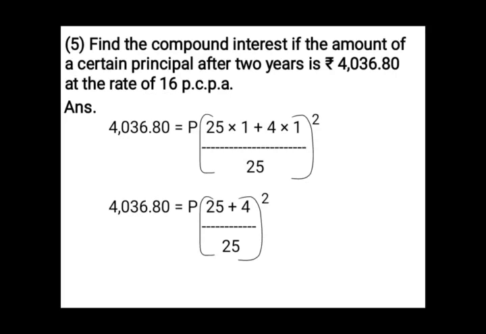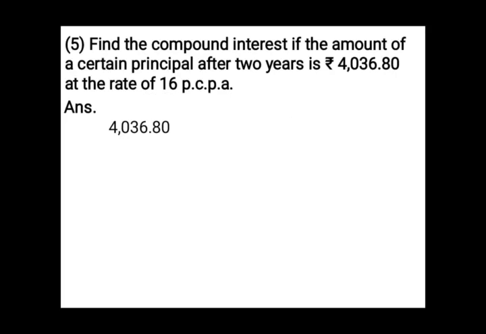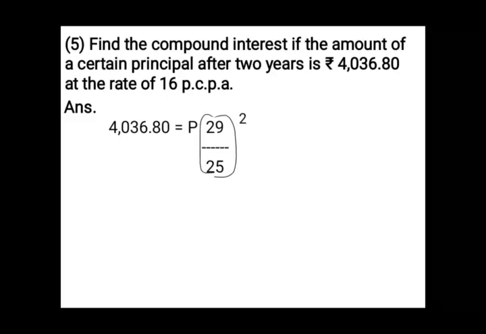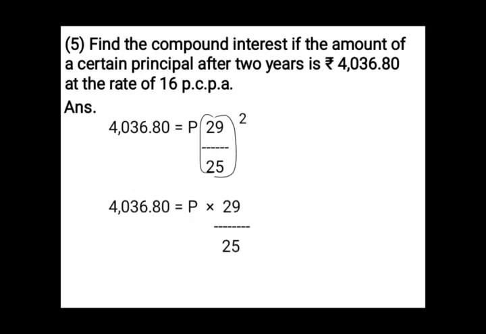That is, 4036.80 is equal to principal in bracket 25 plus 4 is 29 upon 25, raised to 2. 29 upon 25, you have to write in multiplication form 2 times because index 2 is there. That is, 4036.80 is equal to principal multiply by 29 upon 25 multiply by 29 upon 25.